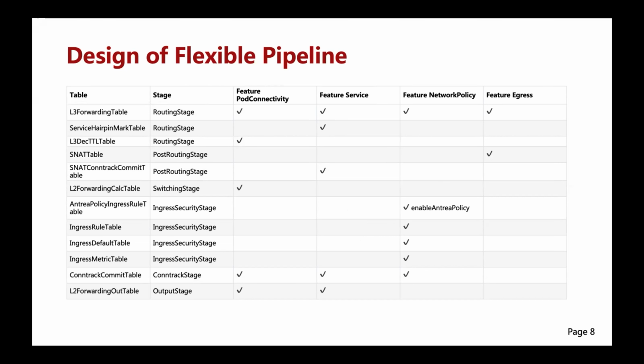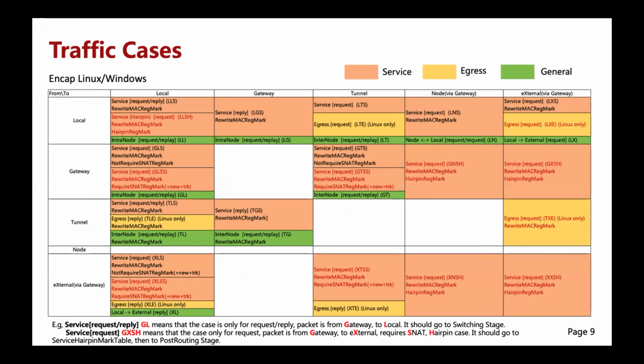For the next, current table case, the traffic cases. In order to adapt to the flexible pipeline, some flow tables of Antrea have been redesigned. This table shows all traffic models in encap mode.